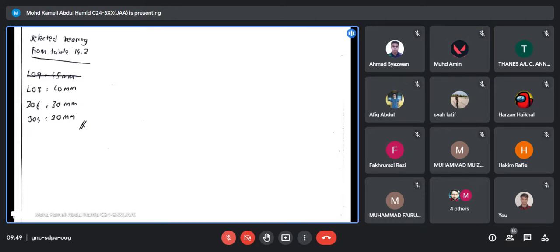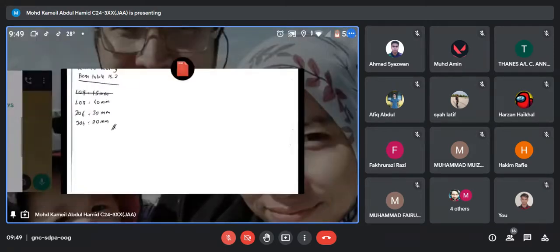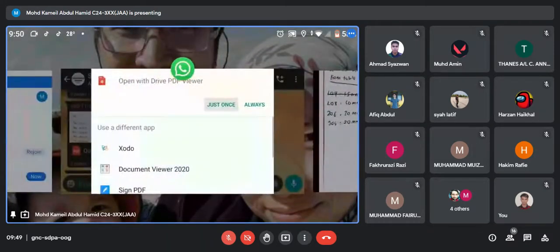Okay, so that is the step. Please remember, try to understand carefully. You should be good to answer the question later on. So please check betul-betul which table to use, ball bearing ke, 0 degree ke, 25 degree, or the roller bearing.